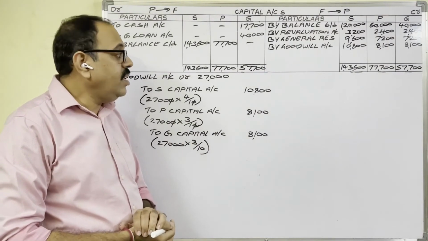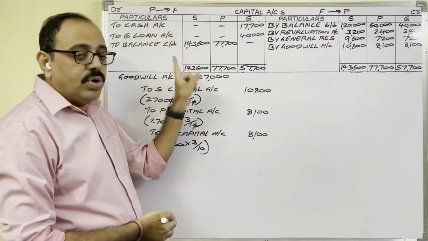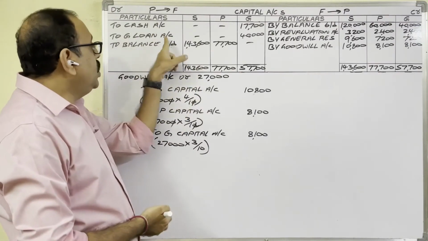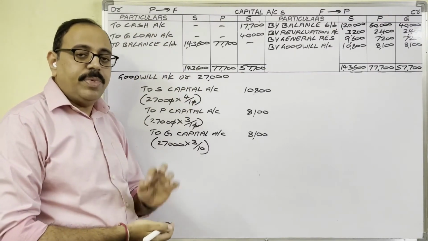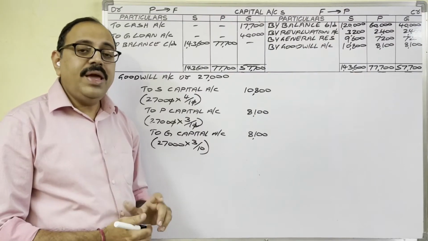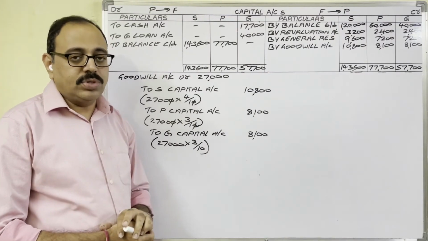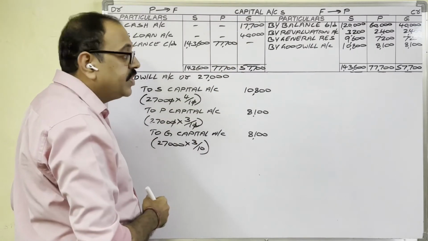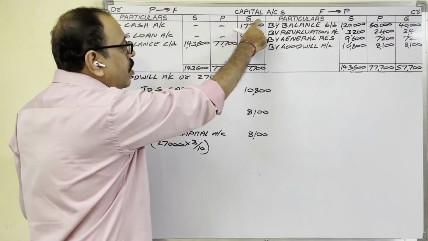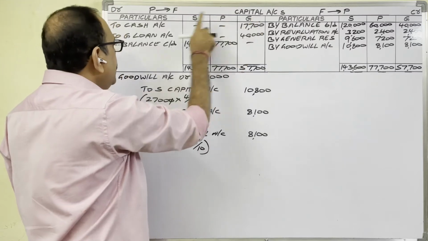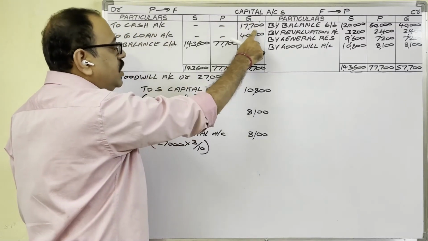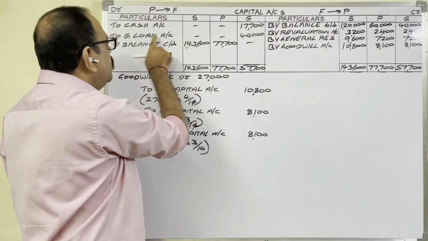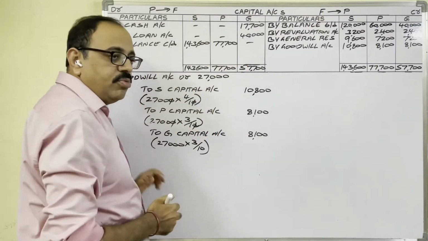Next we have to prepare cash account, goodwill account, G loan account. First we prepare cash account. For preparing cash account and G loan account, by taking these two amounts, we will frame one entry. In G capital account, debit side we posted to cash 17,700 and to G loan account 40,000 rupees.